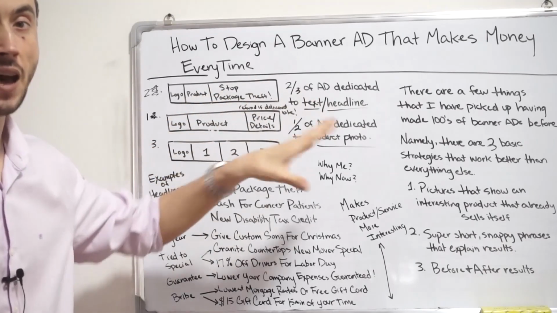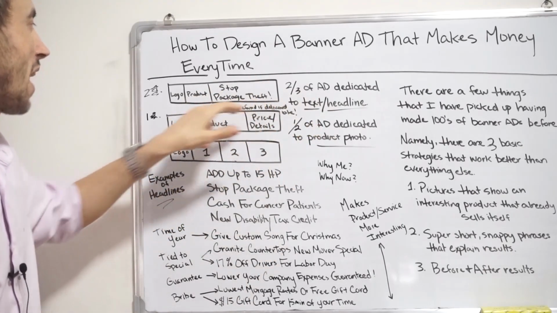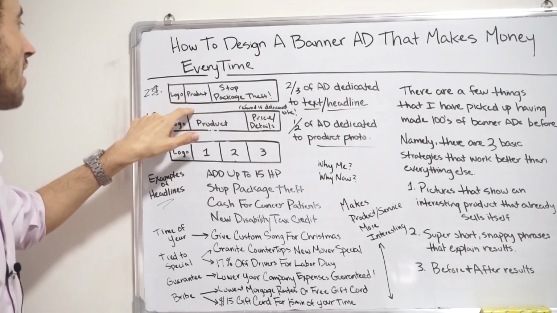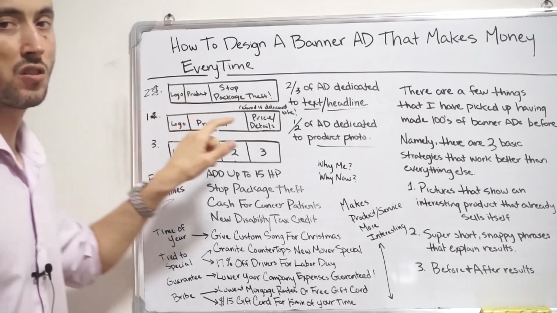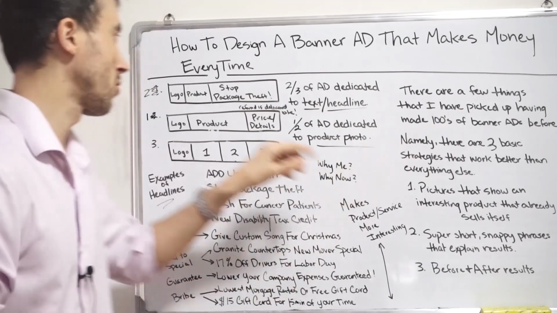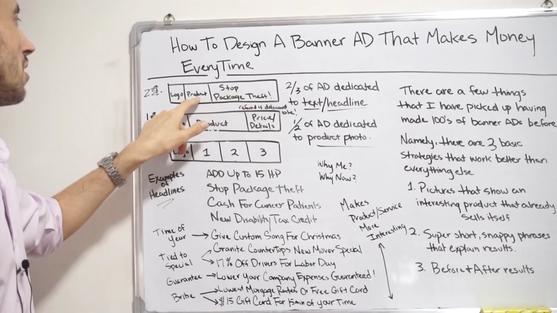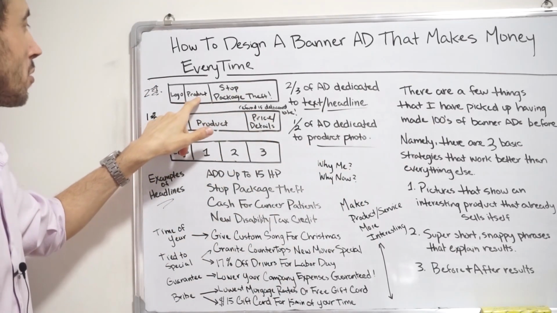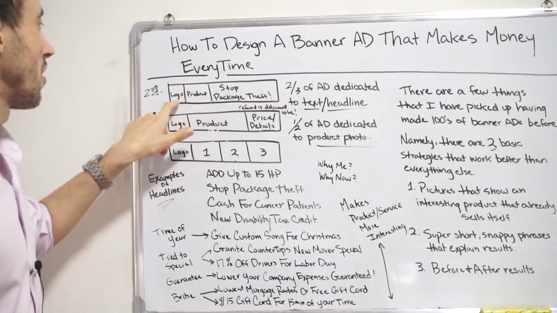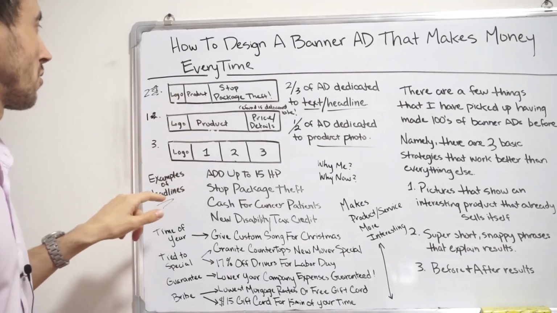In this case, stop package theft. Put that in 2/3 of the ad. Then for the rest of the ad, you can have a little image that ties to that core message, which if it's a locking mailbox, we have a little picture of the locking mailbox, and then the logo on the ad still, because the logo is generally always on the ad.